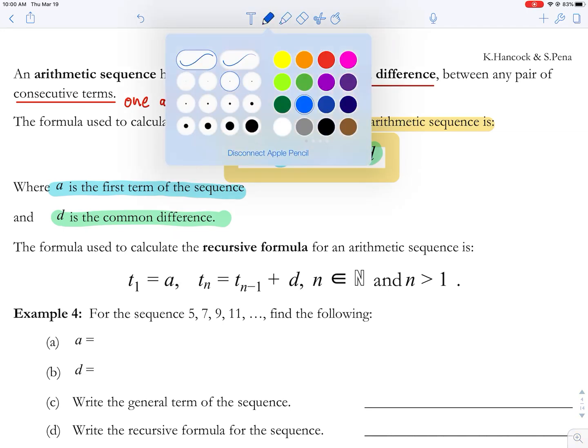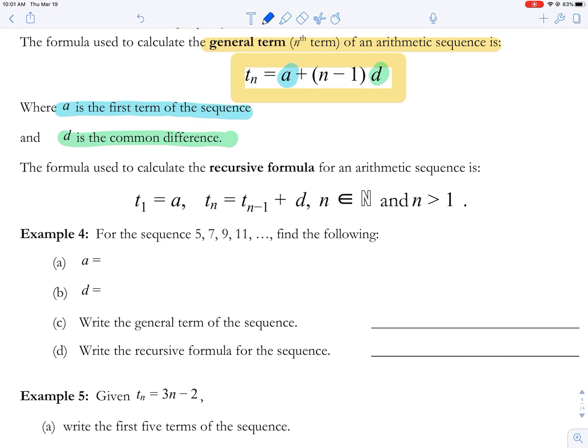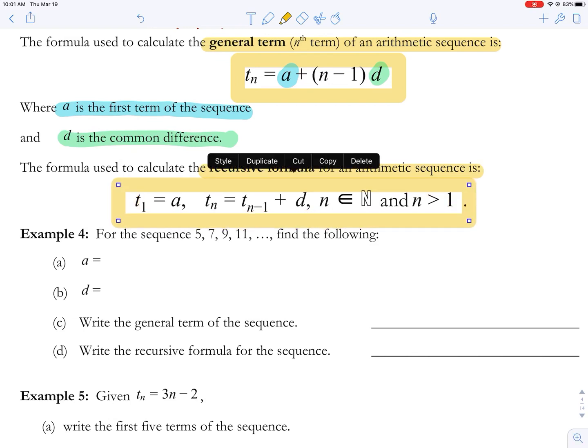And if we go through an example with this, sorry, not the example yet. The formula used to calculate the recursive formula, not the general term. So this one is going to be the recursive formula for an arithmetic sequence. That's going to be this whole big thing, including the restrictions on what n is. n always has to be a number 1 or greater.